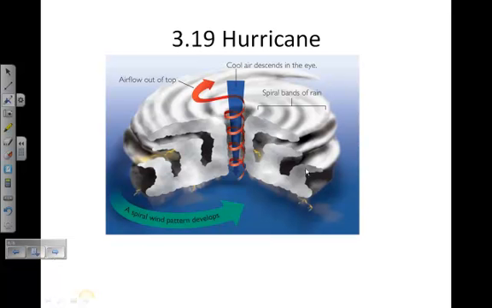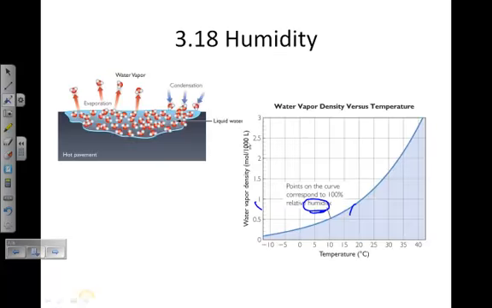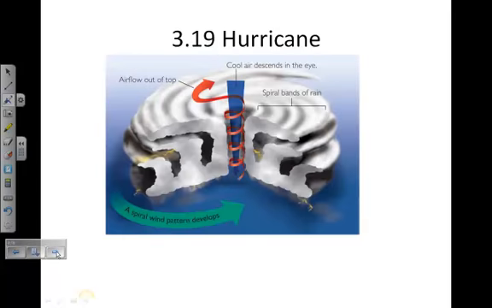So in actuality, you have the warm, moist air rising, and then as it rises, it actually warms some of the cooler air above. That causes the cool air above to rise even further.